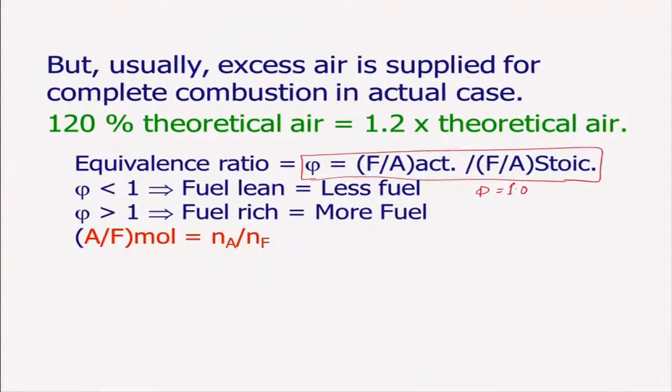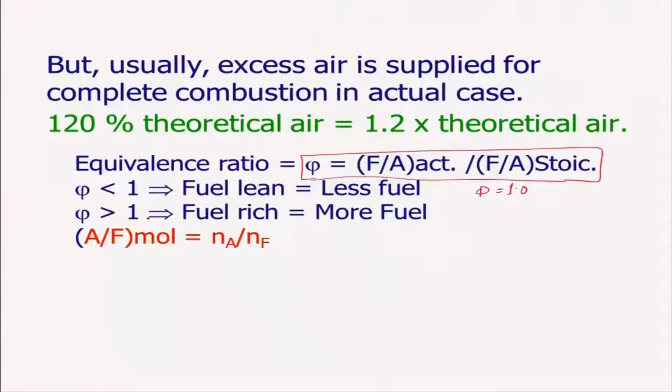That is basically fuel lean, you are giving less fuel as compared to what the stoichiometric air requires. And if phi is greater than 1, that means you are giving more fuel than the available air.